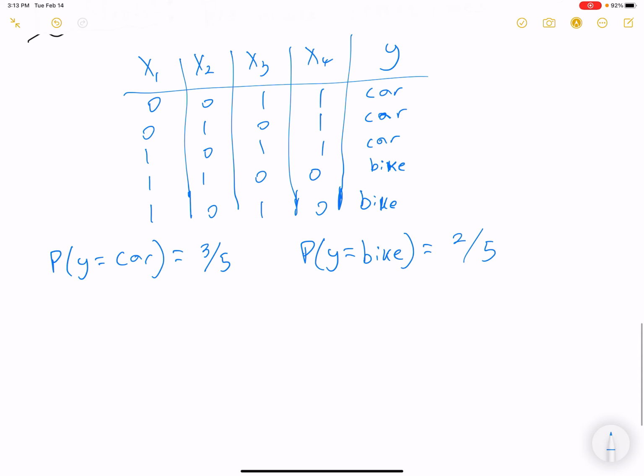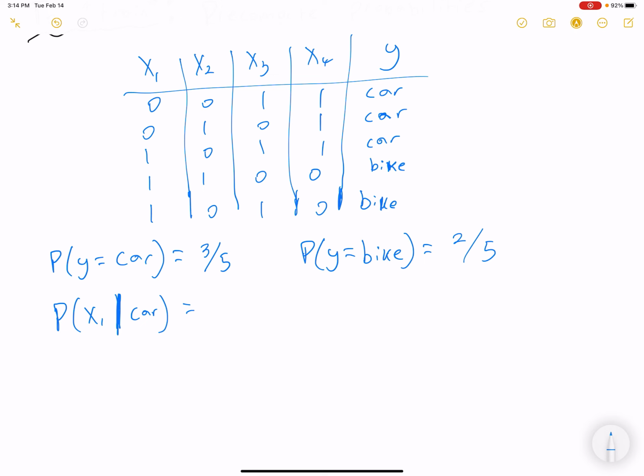What about probability of x1 given car? 1 over 3.